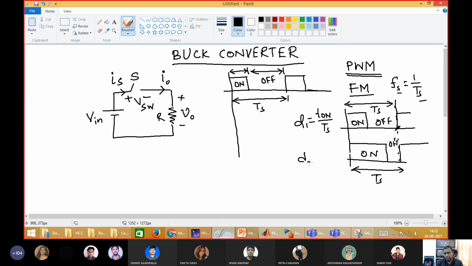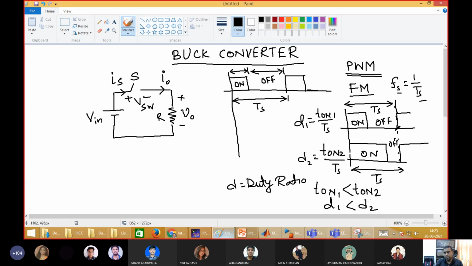Here the duty ratio D2 is T on 2 divided by Ts. As T on 1 is less than T on 2, D1 is less than D2. D is called the duty ratio. These are all known to you, but I'm just continuing. The duty ratio in the second case is more than the first case. Now we'll see what frequency modulation is.